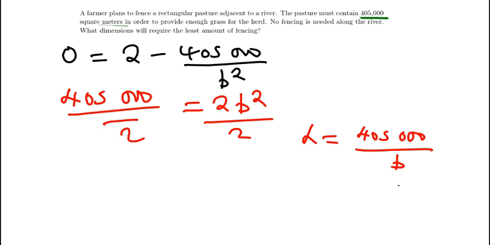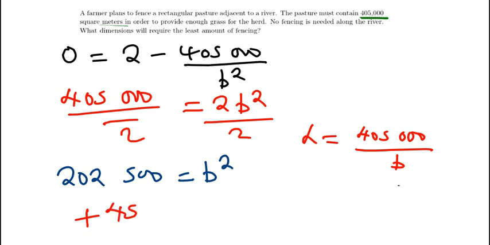When you divide by 2 there, you have 202,500 equal to B squared. Whenever we've got a square, you can find the square root on both sides, and of course in such cases we're dealing with dimensions, so we're interested in the positive value alone. The square root of 202,500 is just 450. So that's our dimension, 450 meters.